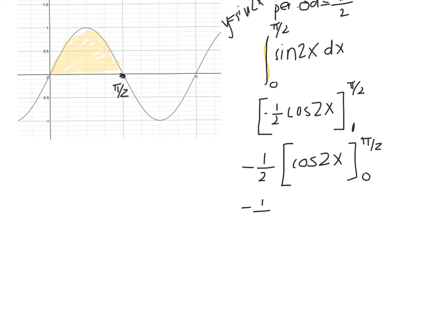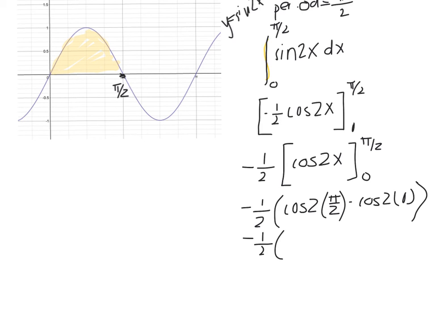So we've got negative 1/2 times cosine of 2 times pi over 2 minus cosine of 2 times 0, which gives me negative 1/2 times cosine of pi minus cosine of 0. As I suspected, we've got cosine of pi, cosine of 0. We've got to think about our unit circle here. We need to find out the value of those functions.